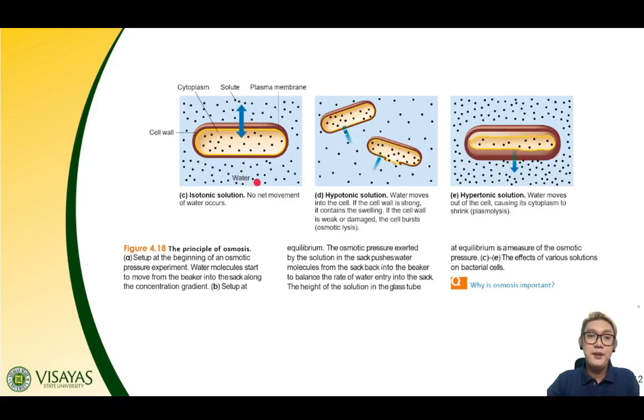Since they're equal, the water going out and the water going in is equal. In a hypotonic solution, there is low concentration of solute outside and high concentration of solute inside. So if there is low concentration of solute outside, there is high concentration of solvent outside the cell.